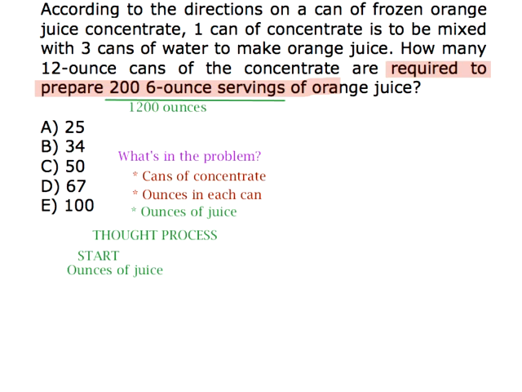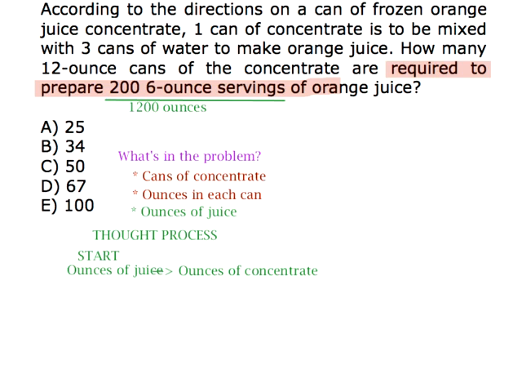You can't go straight to the number of cans because the cans are not cans of juice. The cans are cans of the concentrated frozen stuff. So we have to go to ounces of what first? This is not the only way, but if you start from ounces of juice, then you can go to ounces of concentrate. And then once you have that, you can go to cans.